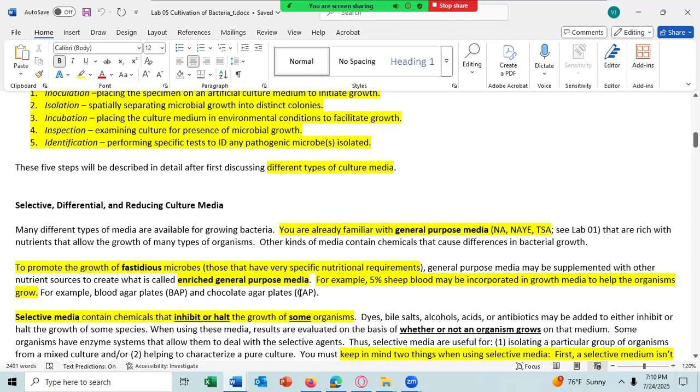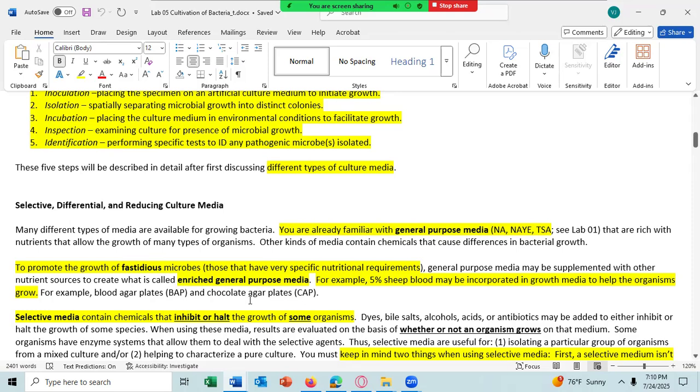For example, the bacteria that causes strep throat, Streptococcus pyogenes, is a fastidious microbe. It needs an enriched general purpose media to grow.